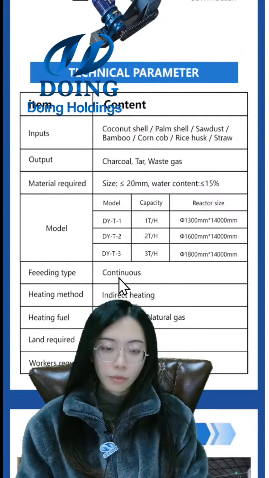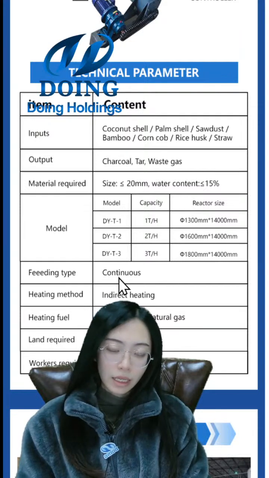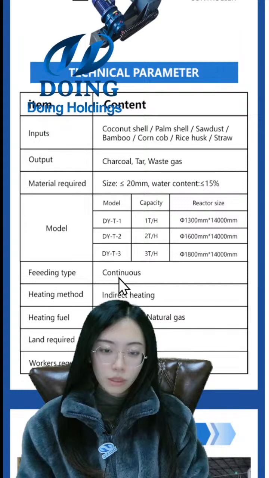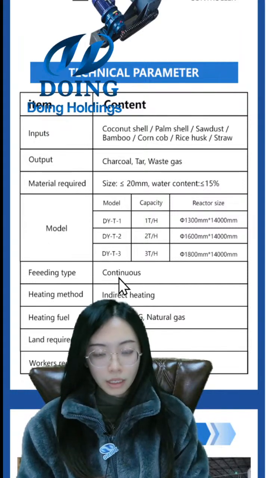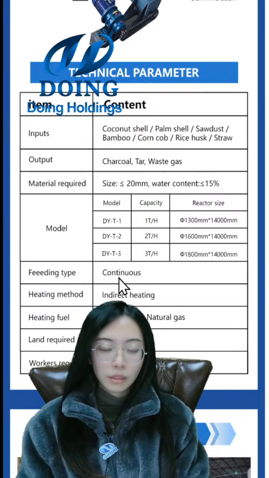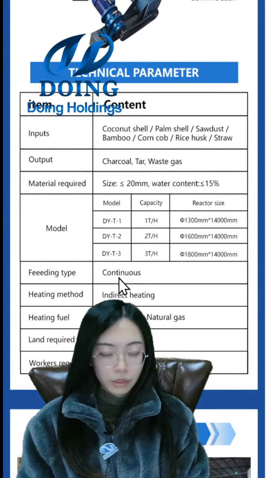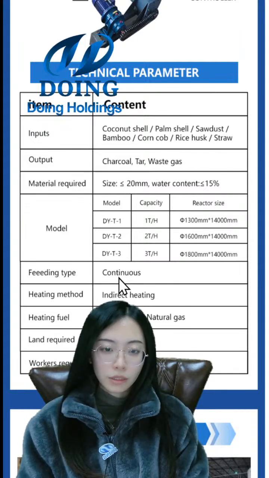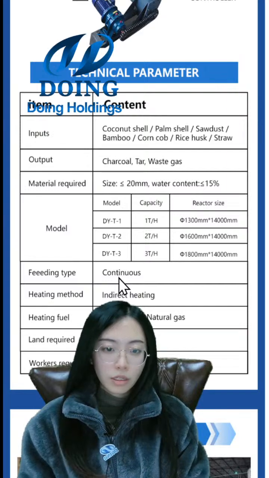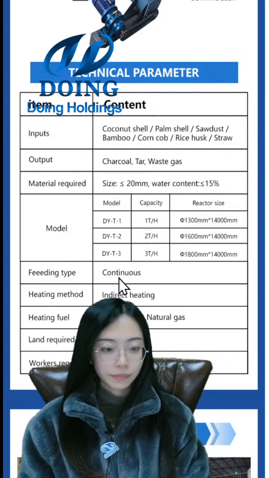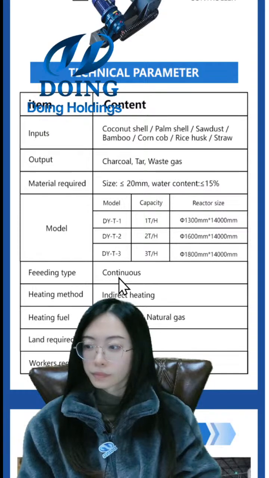For the batch type, it's maybe 1 batch per day. We need to cool down the charcoal and slag them. And the semi-continuous one, we can get 3 batches in 2 days. But the most popular one for our equipment is the continuous one, with high efficiency, more environmentally friendly, and also more expensive. It's just suitable for a large capacity.